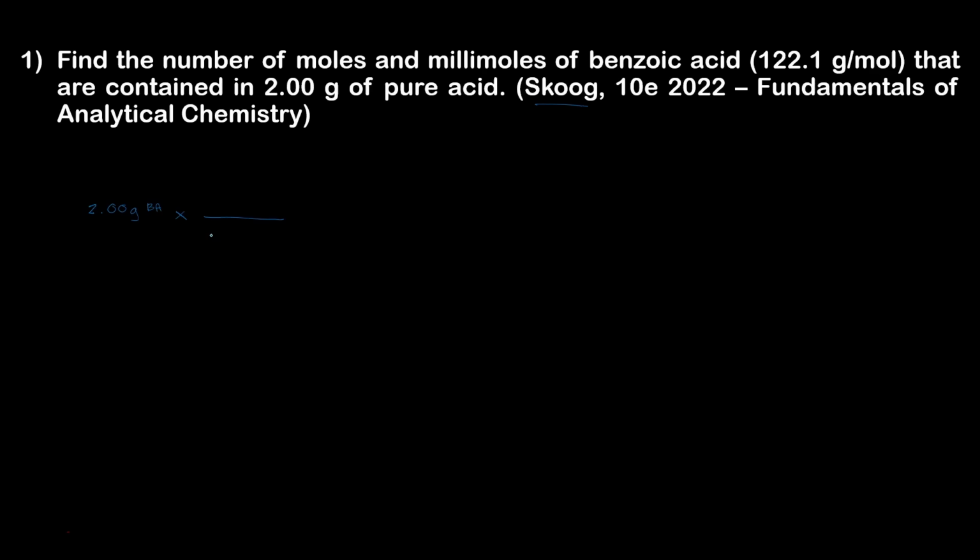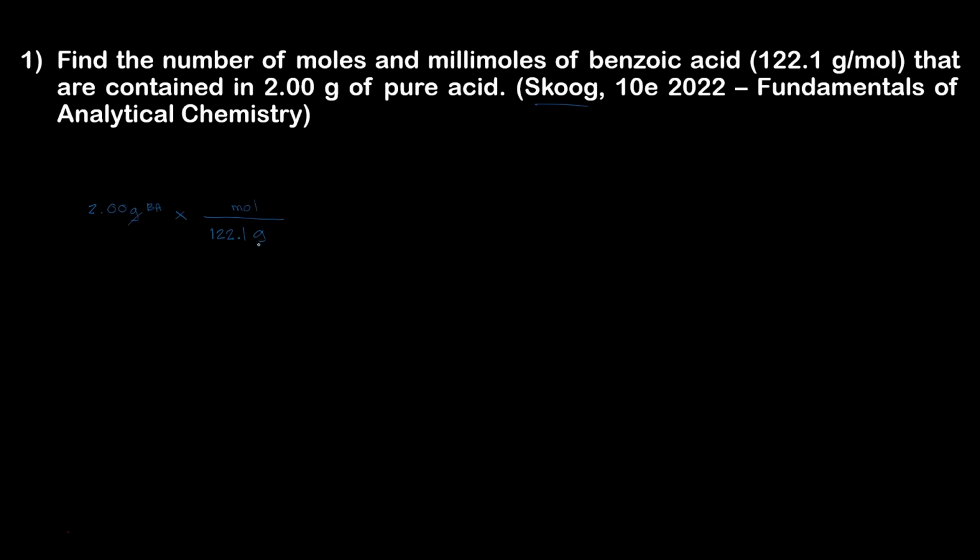So that would be 122.1 grams below and above it would be mole. It would be mole per gram since we put it below. If that would be above, that would be gram per mole. But we want to cancel grams, okay?